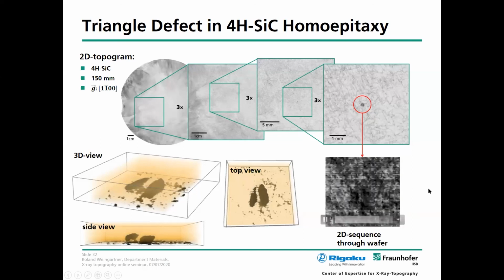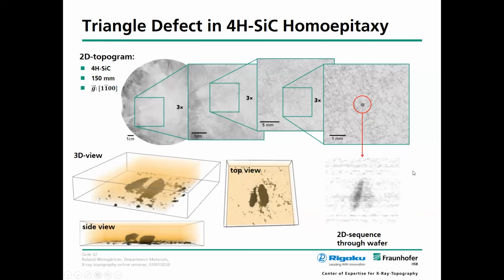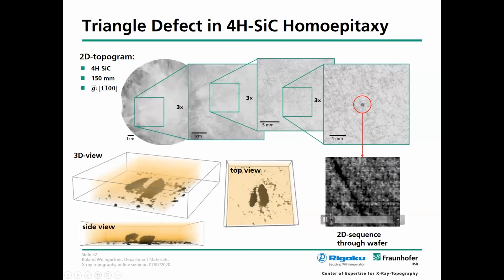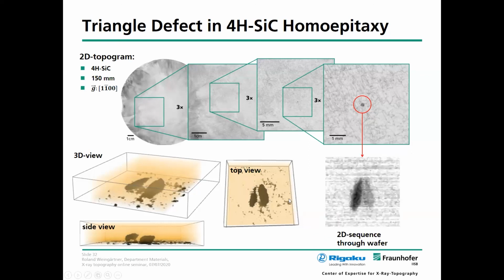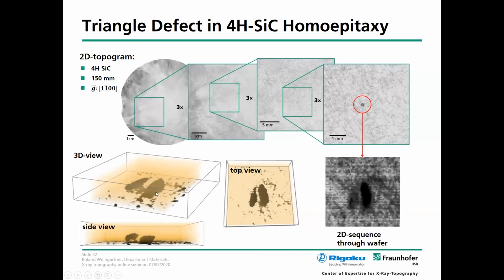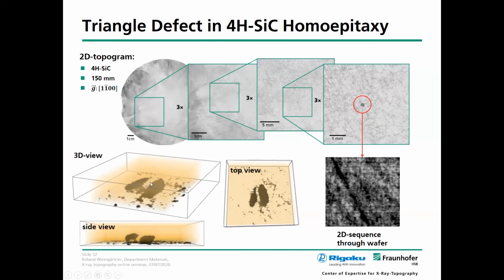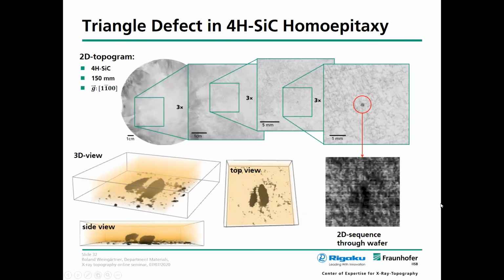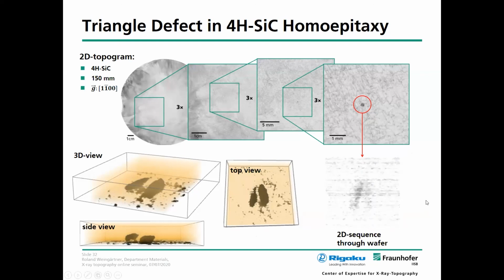You can now flow through the wafer, make slice by slice to see how this triangle defect actually looks like, and you can make a three-dimensional modeling of this triangle defect, and you can then study this if you like.